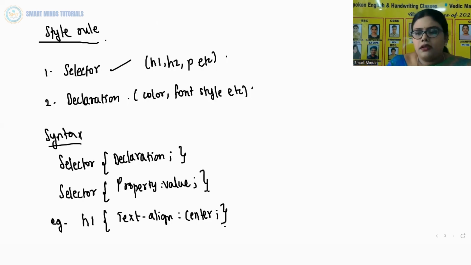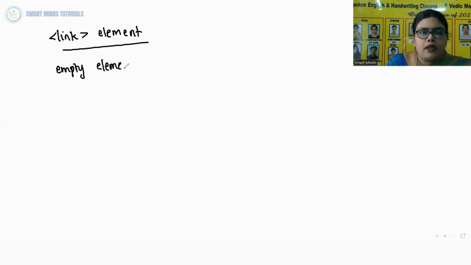So let's see how to use link element now. So link element is an empty element. And it is used to link two documents. That is, it is used to link the style sheets with the document in which it is present.